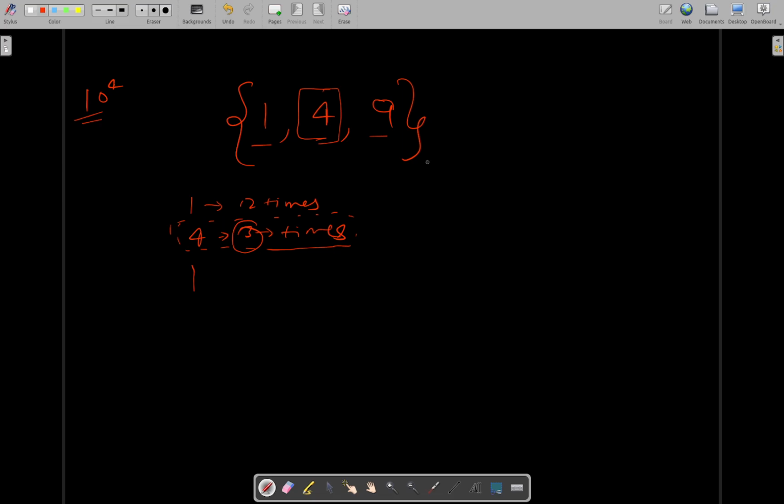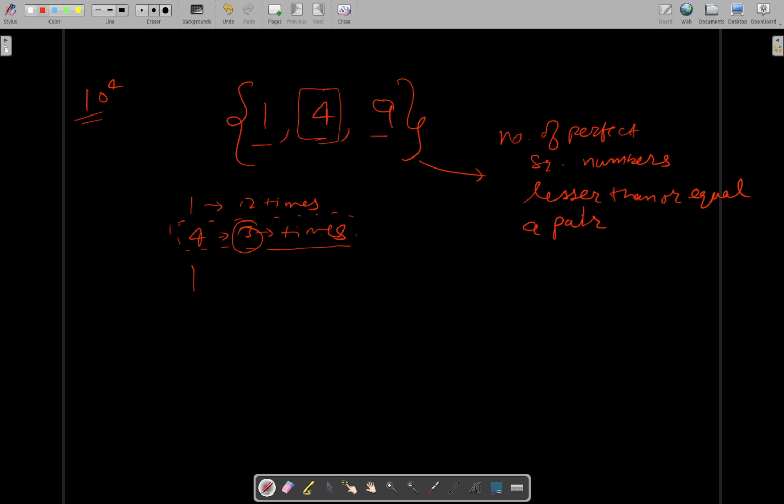Okay, so there is a mathematical fact, let's just consider it as a fact for now, that the number of perfect square numbers lesser than or equal to a particular number n is equal to the square root of n.